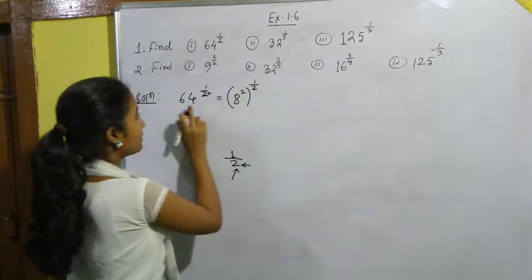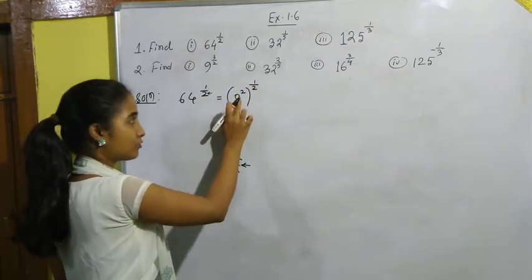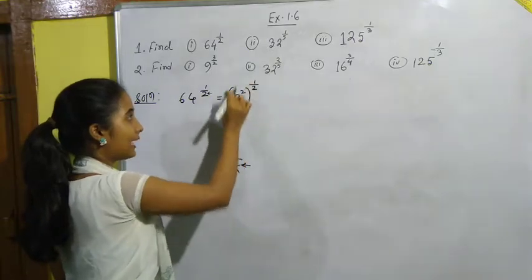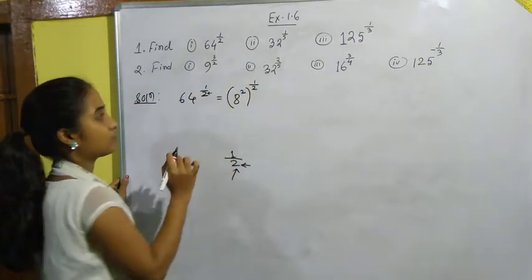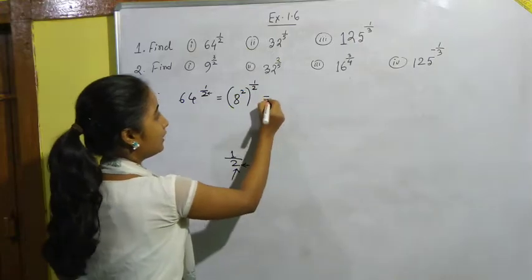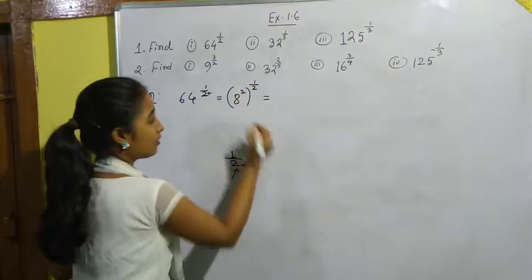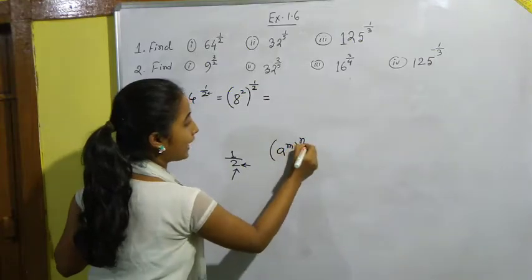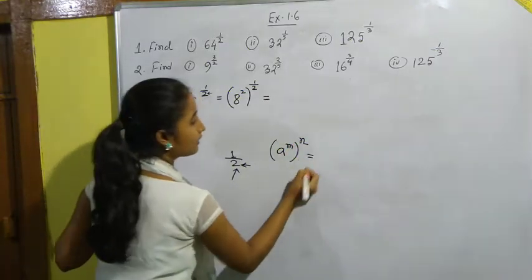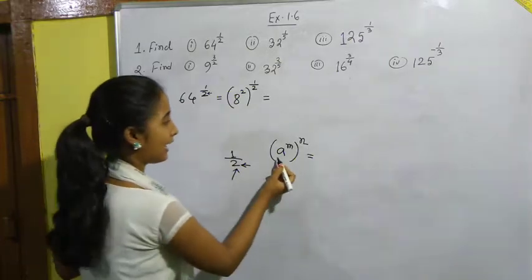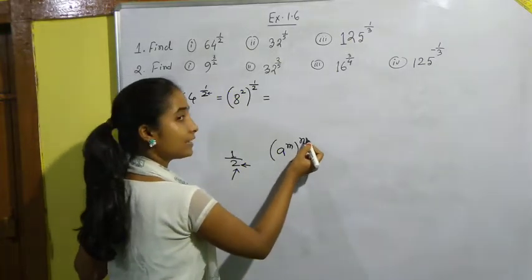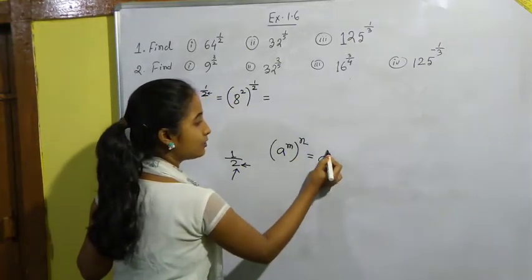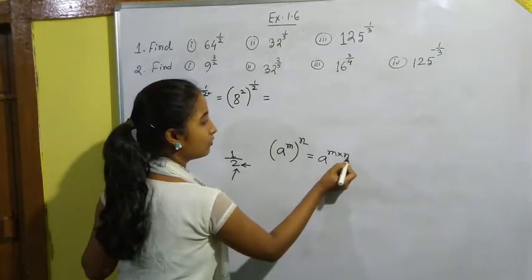Now 64 is written as 8 to the power 2, then bracket, and the given exponent number is half. Now it is in the form of a to the power m whole to the power n, and you know that a to the power m whole to the power n means a to the power m into n.